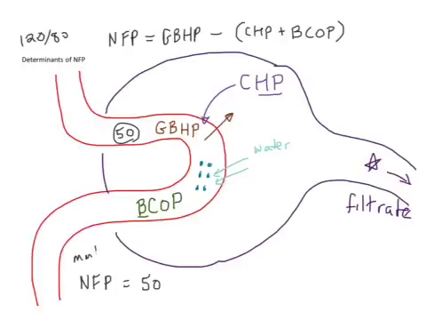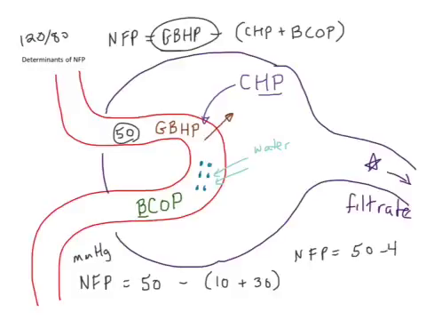This is all in millimeters of mercury, by the way. 50, that's the glomerular blood hydrostatic pressure, minus the hydrostatic pressure in the capsule is 10, and the blood oncotic pressure is 30. So if we do this math, we say the net filtration pressure equals 50 minus 40, so the net filtration pressure equals 10 millimeters of mercury.